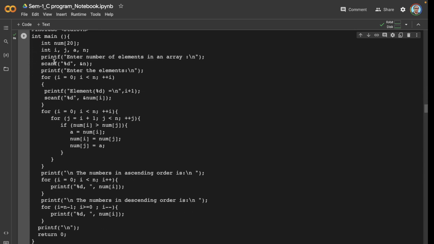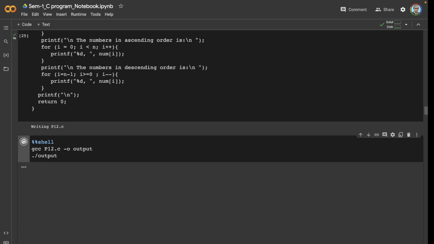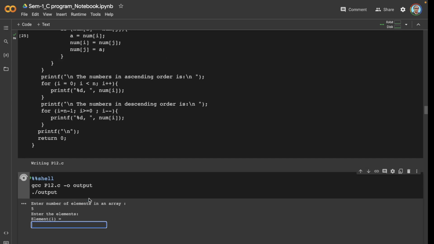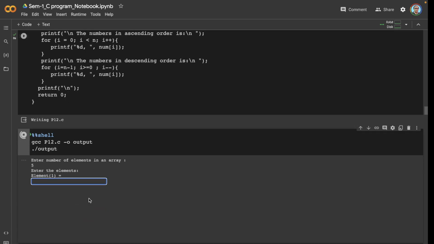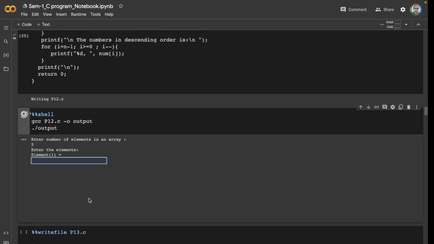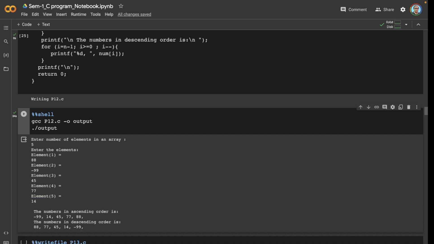Compile and run this program. We put in the number of elements. Suppose we enter 5 elements. Here the numbers are integer type, so we put integer elements: 88, minus 99, 45, 77, and the fifth number.